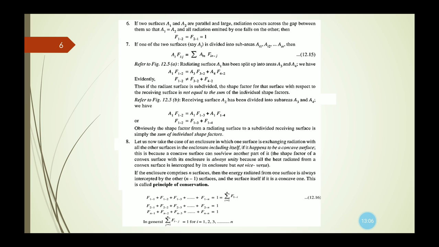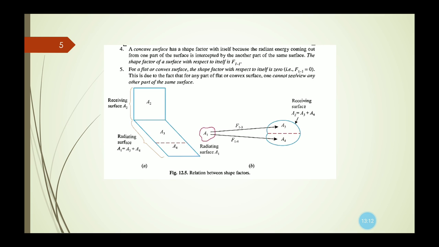Now if we refer to figure 12.5a, we can see three different flat surfaces: A2, A3 and A4. A2 is the receiving surface and the radiating surfaces are A3 plus A4.